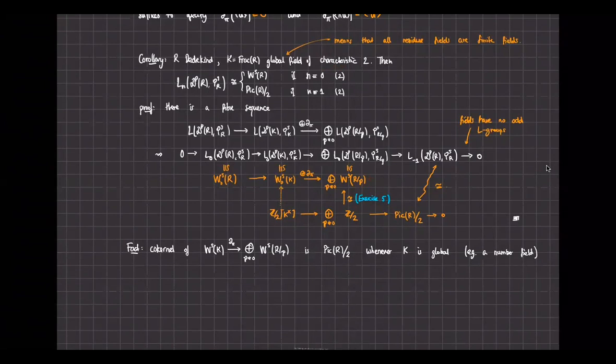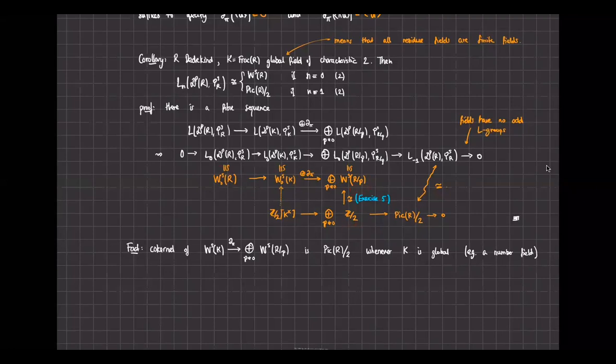And in exercise 5 of the first lecture, you've shown that the symmetric Witt group of a finite field of characteristic 2 is Z mod 2, because the squaring map is surjective. Right. So you've seen that these symmetric Witt groups are all just Z mod 2.